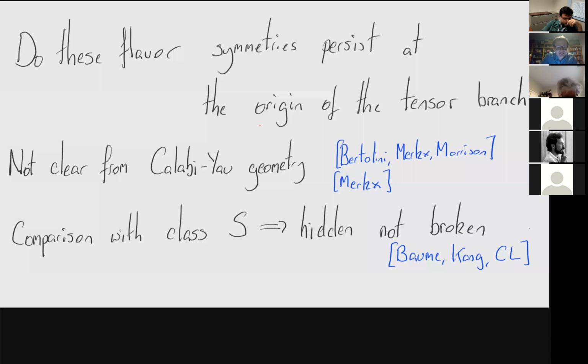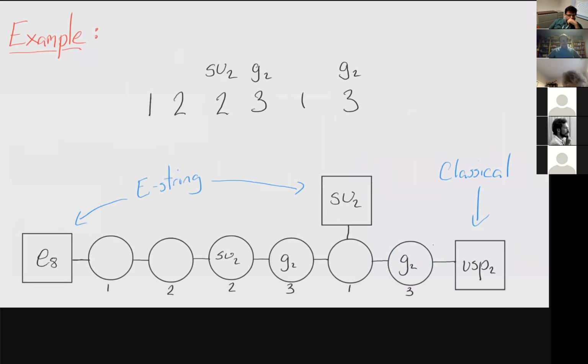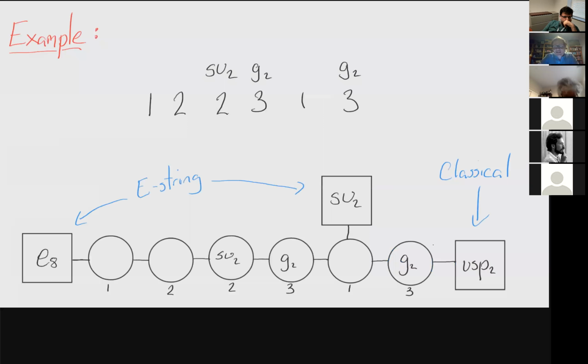Good, thank you, yes. Okay, so a simple example of this is if I take this curve configuration, 1, 2, 2, 3, 1, 3, some algebras here, how do I compute the flavor symmetry? Well, I have an E string here, and the commutant of the -1 curve, well, there's nothing there. So the commutant of nothing in E8 is E8, so I have an E8 flavor symmetry here. Here, I have an E string, I have 2 G2s. Okay, fun question. What is the commutant of G2 squared inside of E8?